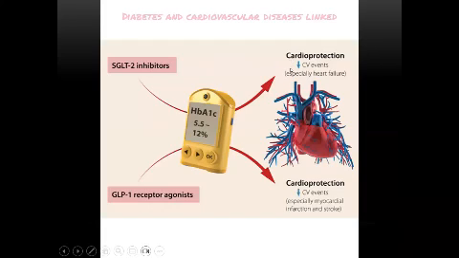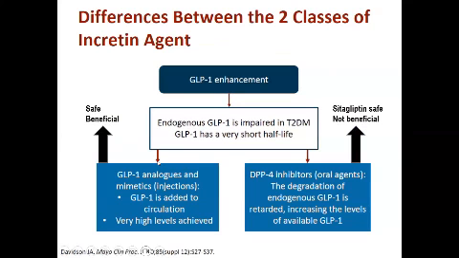And also they are very good drugs when the patient has got heart failure. But GLP-1 receptor analogs play a very important role in prevention of stroke. So that's a very, very important thing, whereas strokes are not reduced by SGLT2 inhibitor. So in that particular patient, if stroke is a concern, use receptor agonist, and if heart failure is a concern, use SGLT2 inhibitor. So this is the important thing.